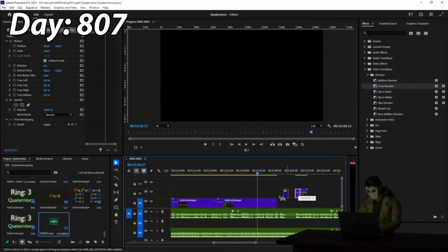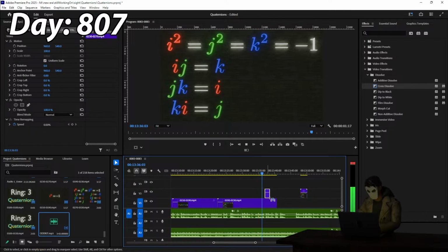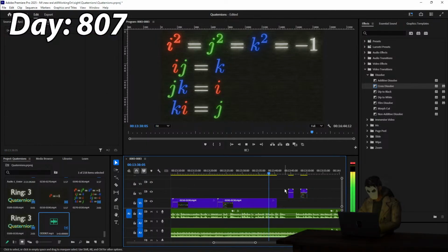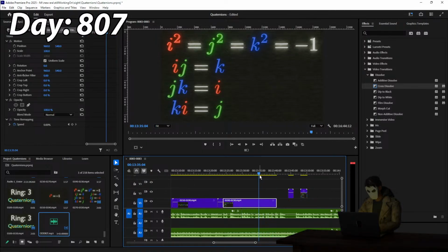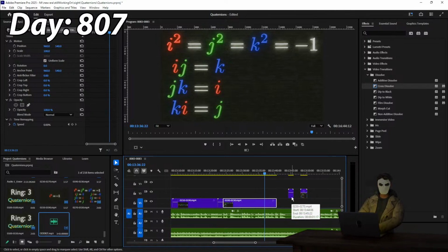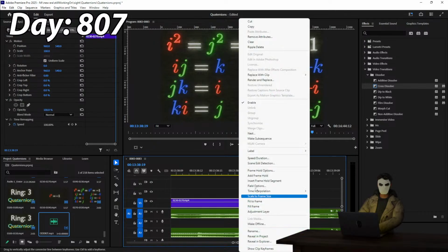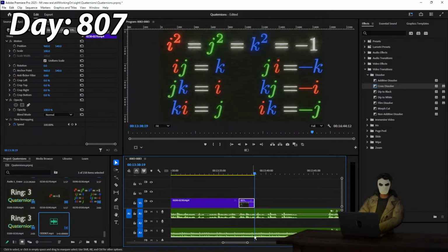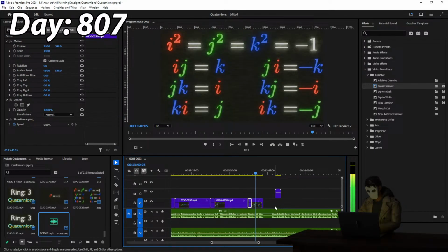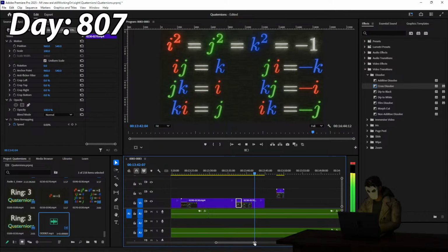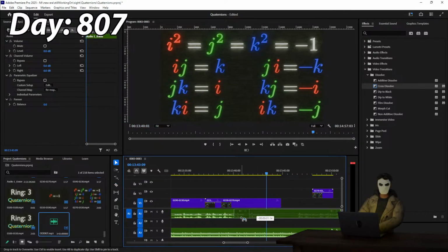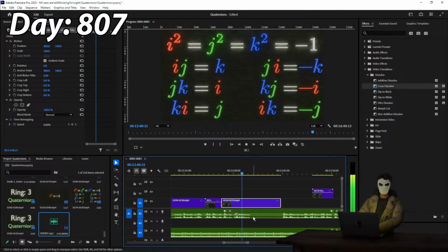Whilst i times j equals k, j times i equals negative k. They're just all flipped. That's all there is to it. And basically here's how we can think about it.